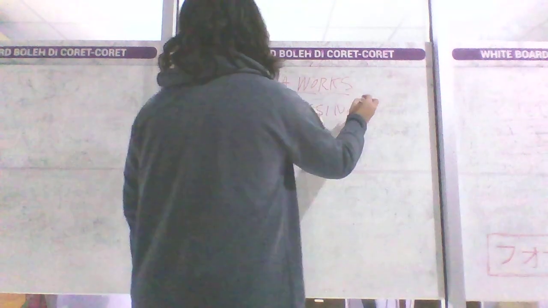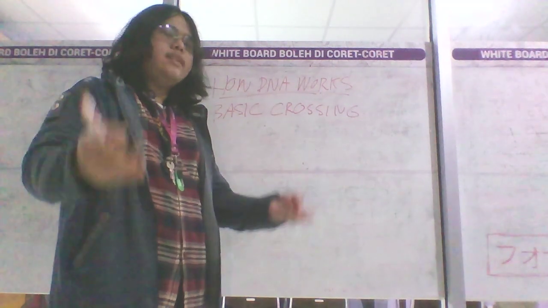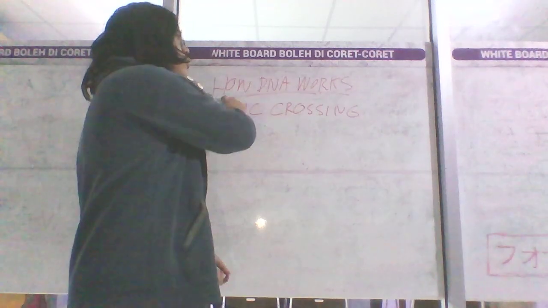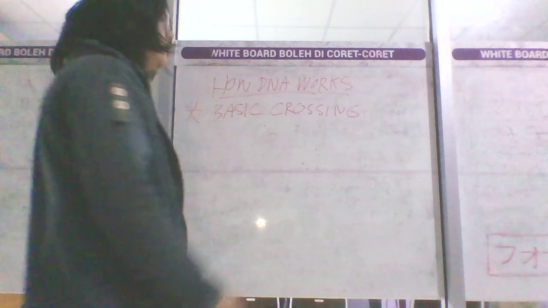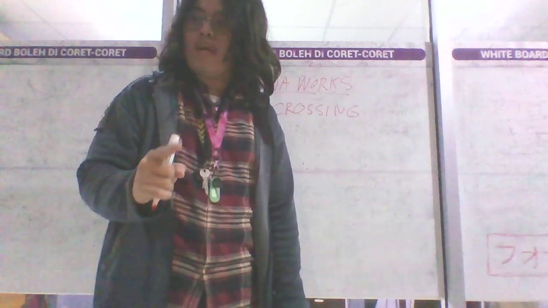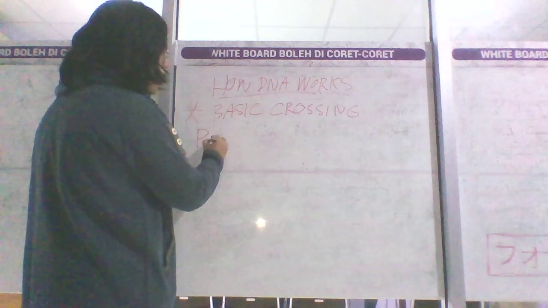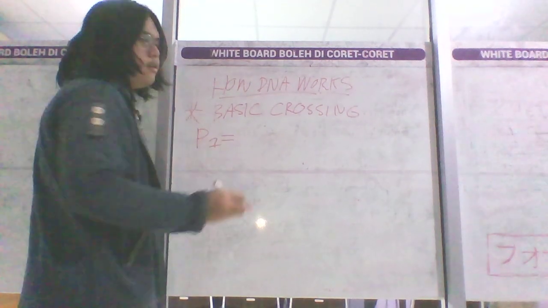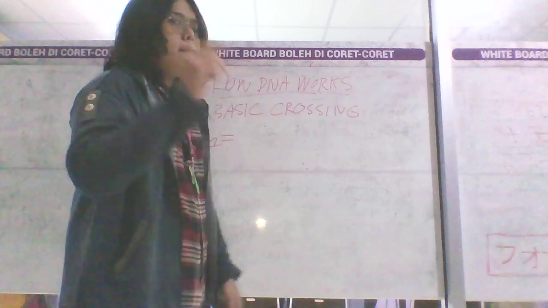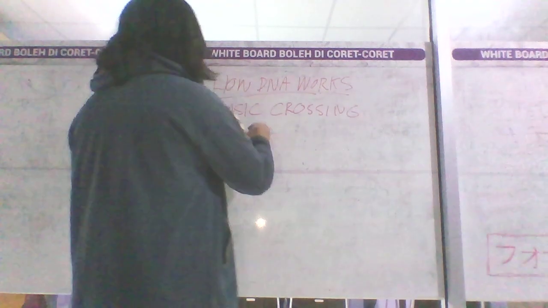Now we approach how mathematically we understand how DNA works. First of all, we must know the P1 or parental one, which is Adam and Eve, or male and female.